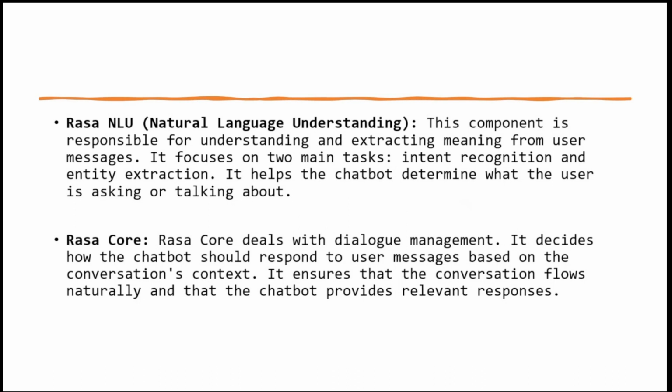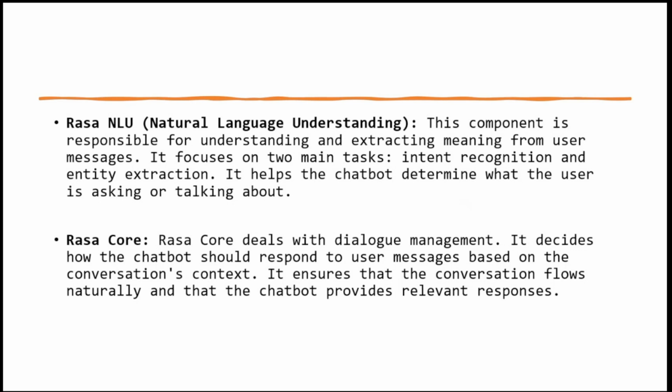And then after the Rasa NLU has understood what the user is saying, then it is the responsibility of Rasa core to perform the next task. So in our case, if the user is saying, "Hello, who are you?" then the Rasa core will decide to tell the user who it is. Maybe a message saying that I am a basic assistant built on the framework Rasa, something like that.